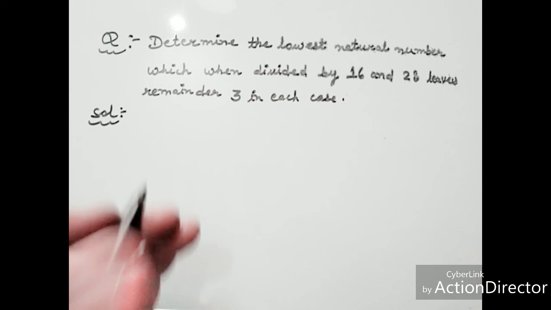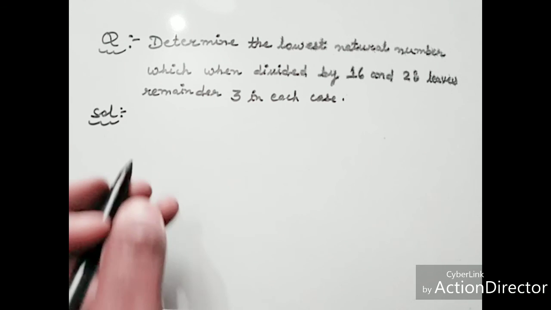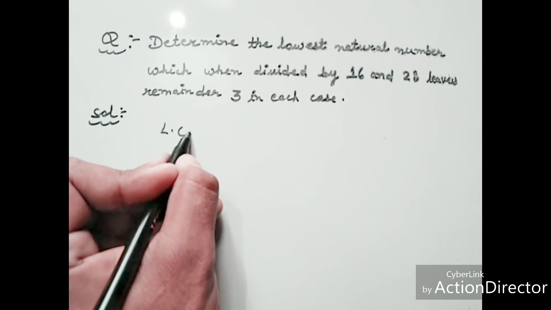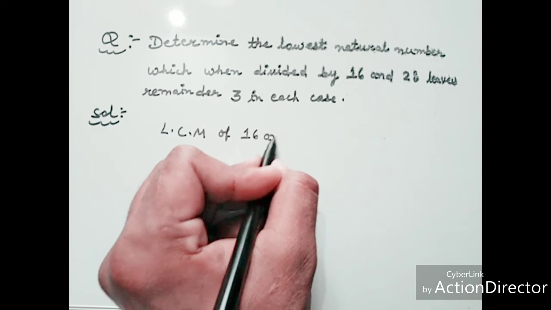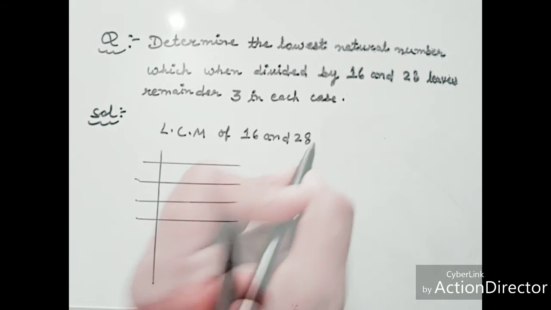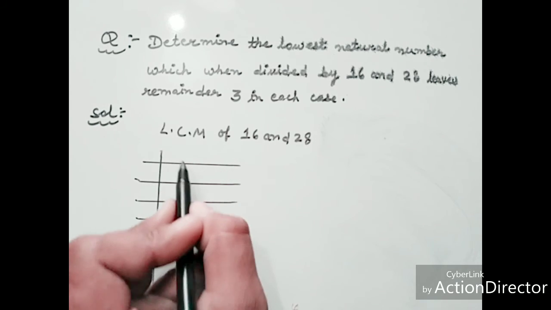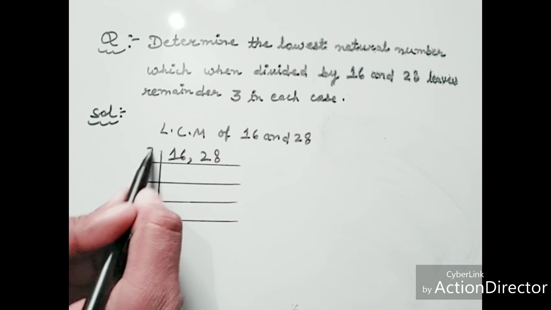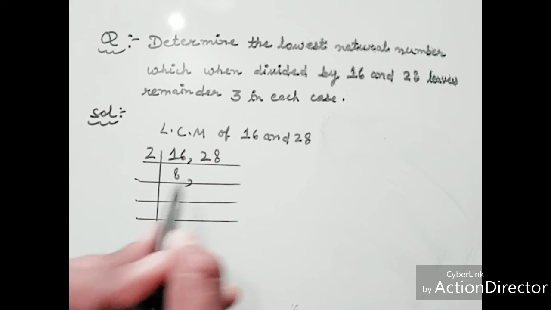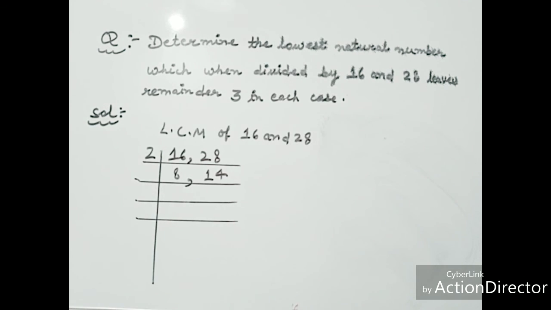So here first we find the LCM of 16 and 28. Now 16 and 28 divide by 2. 2 8s are 16, 2 1s are 2 and 2 4s are 8.